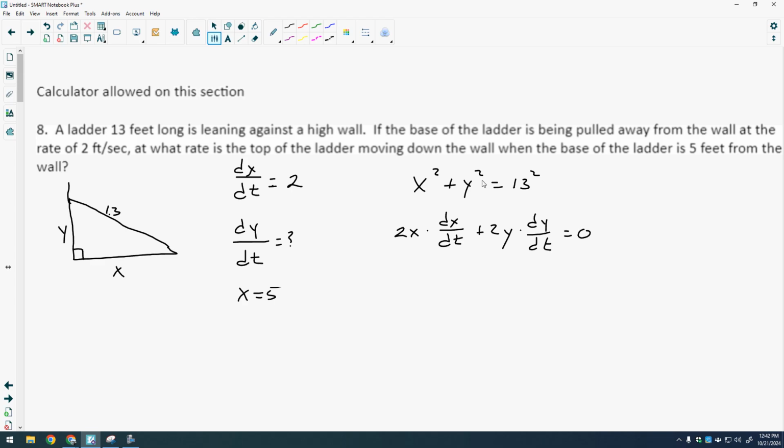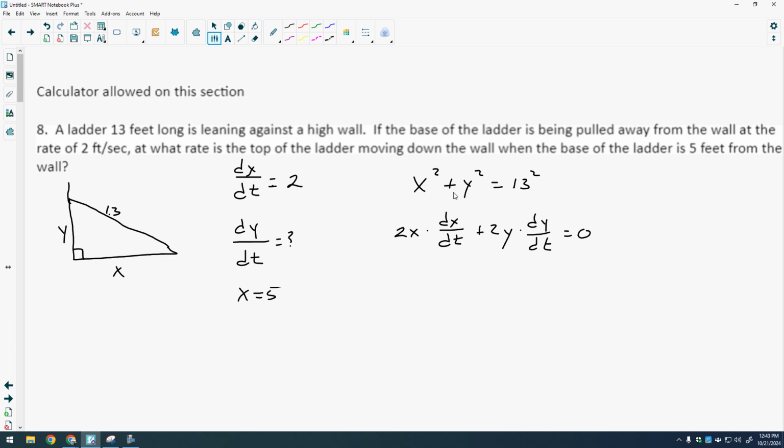Sometimes at this point I would substitute in what y equals or what x equals in terms of the other variable. However, I don't want to do that, because I need the rate at which it's sliding down the wall, and I know and need the rate at which it's moving away from the wall. I need both of these variables in there. I can't replace one.